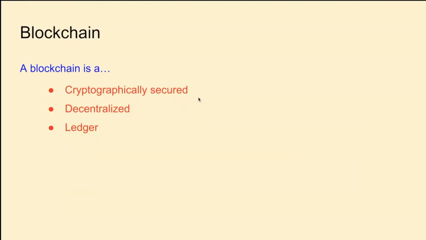Cryptographically secured means that cryptographic methods, in particular hashes, are used to make sure that once something is put into this ledger, it can't be altered or deleted afterwards. Decentralized means that there is no central authority controlling the ledger, that it's the users collectively who are in charge of what goes into the ledger and what it means. And ledger means very much what it means in common usage.